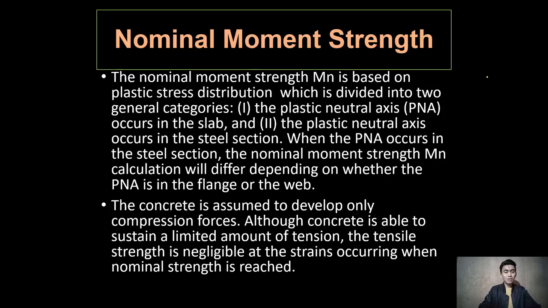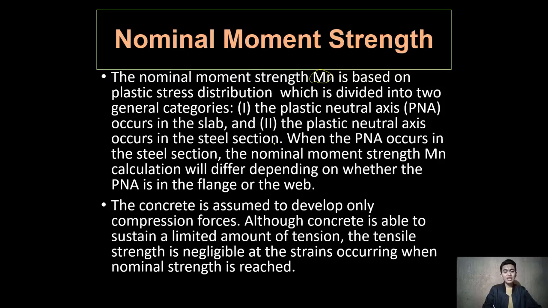It says here that the nominal moment strength, which is represented by M sub n, is based on the plastic stress distribution system, which is divided into two general categories, as I said earlier, case number one and case number two. For the first one, the plastic neutral axis occurs on the slab, and for the second one, the plastic neutral axis occurs on the steel section.